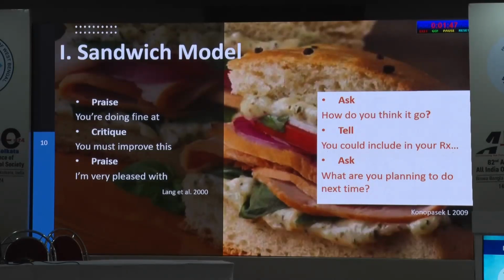So these are the two parts of the bread, asking and then giving the meat, or the great filling of the sandwich in the middle, saying, well, I saw that you did this right, but I also noticed that you had some kind of difficulty in this part. What do you think we could do for you to be more self-confident about this?